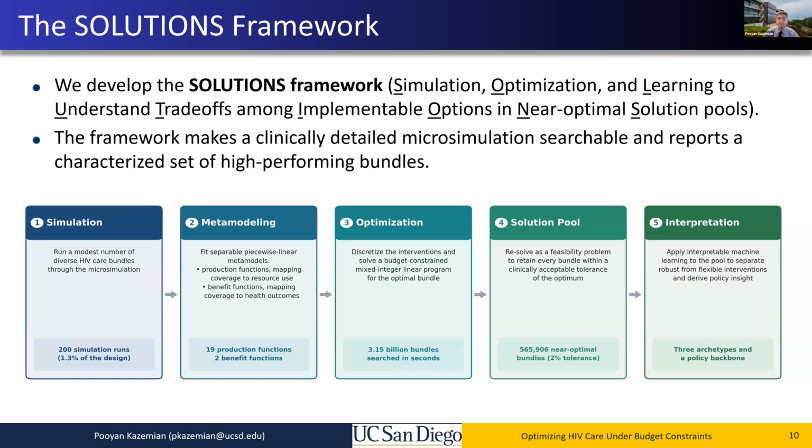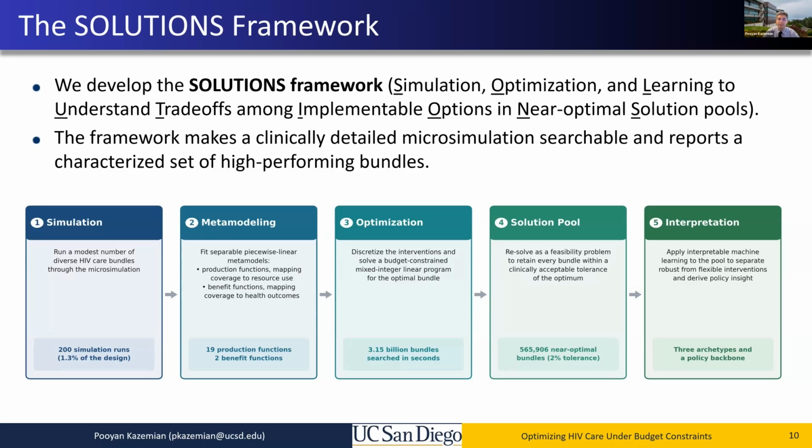In the first step, we do a modest number of simulation runs in order to understand the decision space and the interaction and the trade-off between different interventions. But we cannot feed the output of simulation modeling directly into an optimization model. What we need to connect optimization to simulation is meta-modeling.